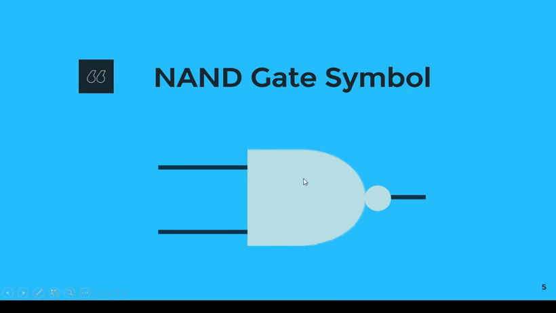The only difference with the NAND gate is that there is a bubble at the front here, and typically whenever we see a bubble on a logic gate like this, this bubble means an inversion, right? So whatever value is taken in will be inverted once it reaches the output here. So we'll actually discuss that when we talk more about the truth table and the operation of a NAND gate.